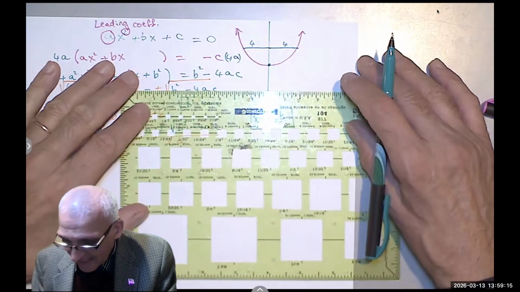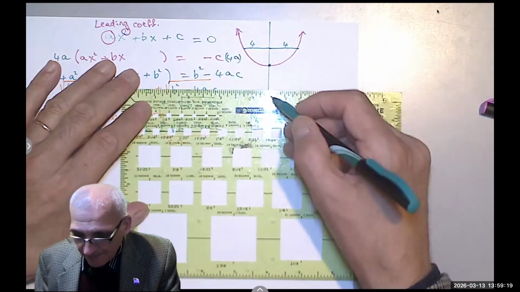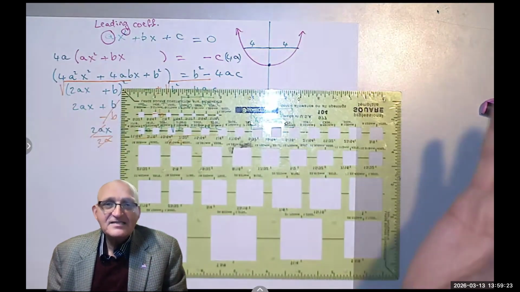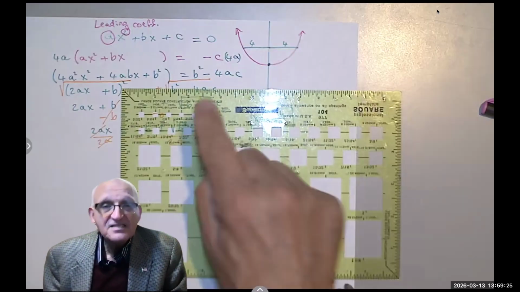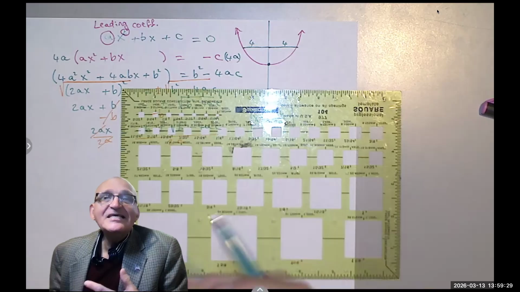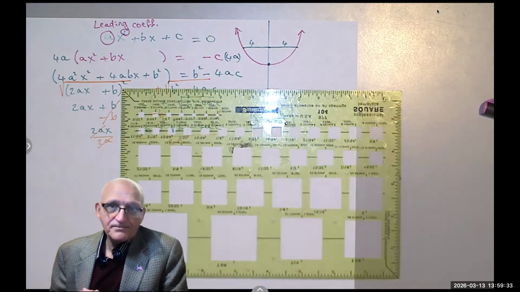So if this point is above and it's opening up, it will never intersect the x-axis, in which case you will get a discriminant that is less than 0, meaning there are 2 imaginary or 2 complex solutions.